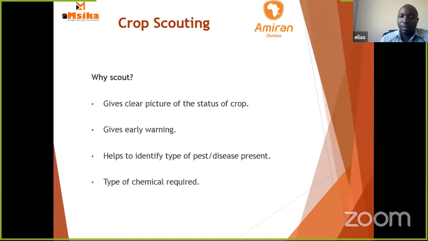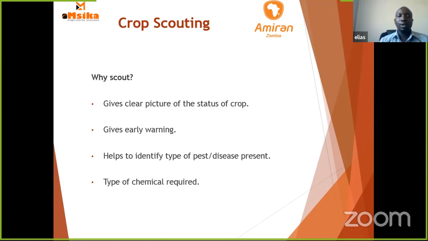So when you do your scouting, you'll be able to know what type of disease, what type of pests, what type of nutrition deficiencies, or what type of weeds are present in the field, and that will trigger you to find a solution to correct the situation that's prevailing in the field at that particular time.